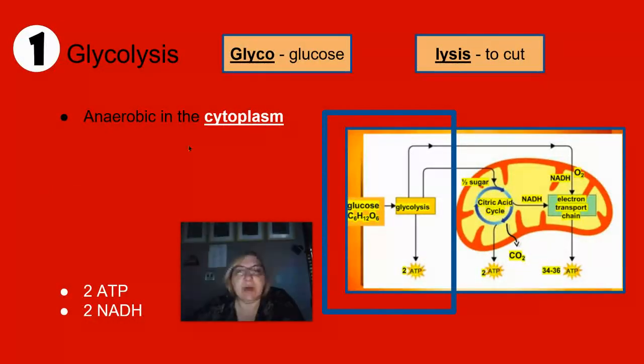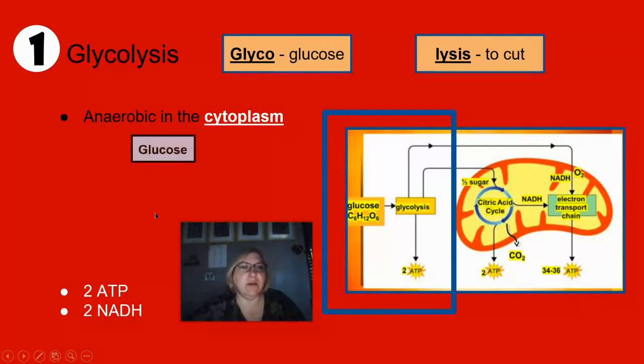So you have 2 ATP that are created in glycolysis, and you have some NADH, which is, if you don't remember, I always have to look because it's a really, really long word. Nicotinamide adenine dinucleotide phosphate. Hydrogen. That's a lot. So you've got that being created also, and that is needed in the electron transport chain.